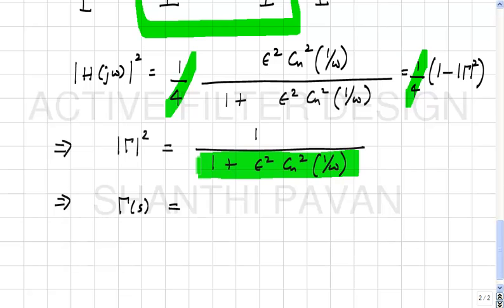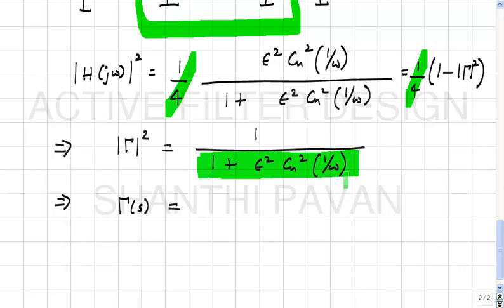This is a standard inverse Chebyshev denominator, which can be obtained by taking the Chebyshev denominator and flipping the order of the coefficients, or in other words, you take the Chebyshev denominator and replace S with 1 by S. So, this will now be the Chebyshev denominator with 1 by S instead of S, and then to get everything as a polynomial in S rather than a polynomial in 1 over S, what will you do?